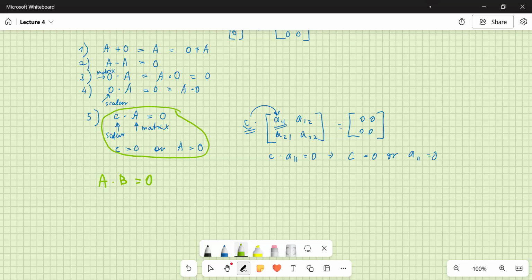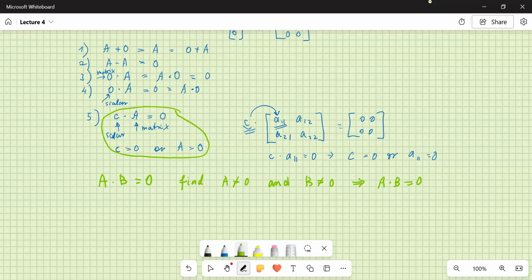A little homework I'm going to ask you to prepare for the next class is to find A, which is not equal to 0, and B, which is not equal to 0, such that A multiplied by B is still going to be equal to 0. Kind of try to figure out. That's your choice.